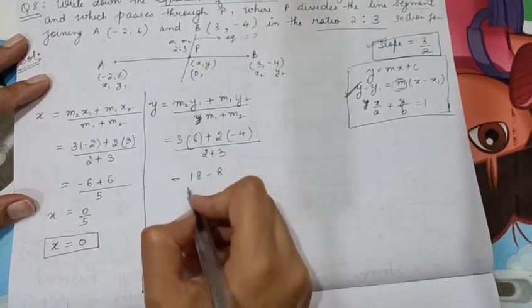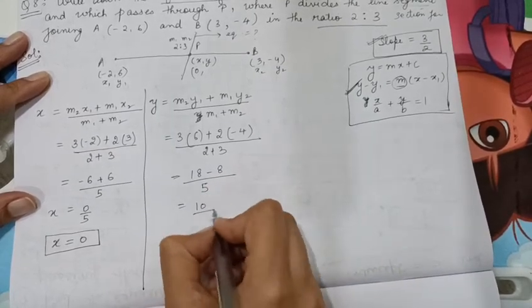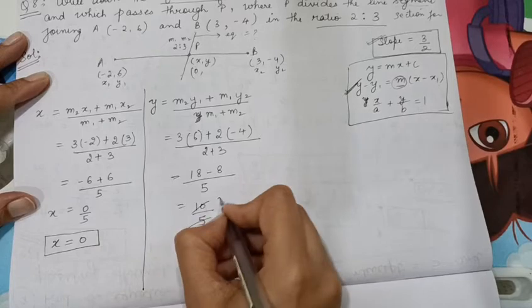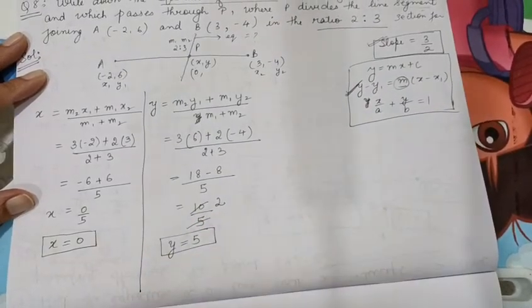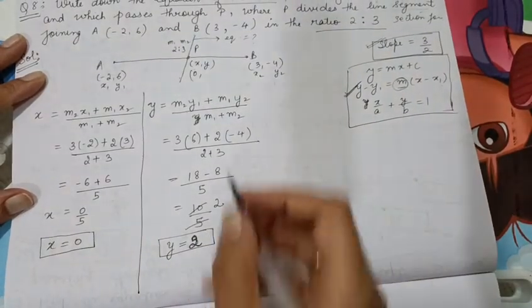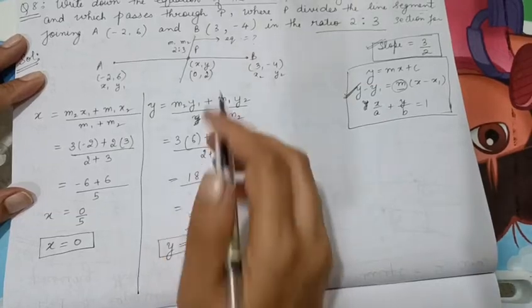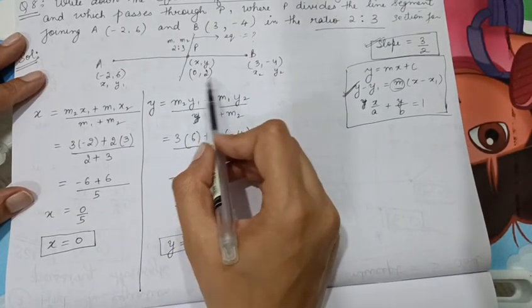So 18 minus 8 is 10, and 10 by 5 is 2. So the y value we have got is 2. The coordinates of point P we have found as 0 comma 2.